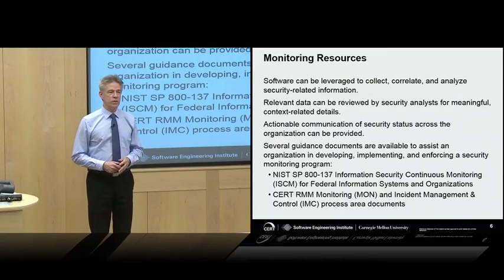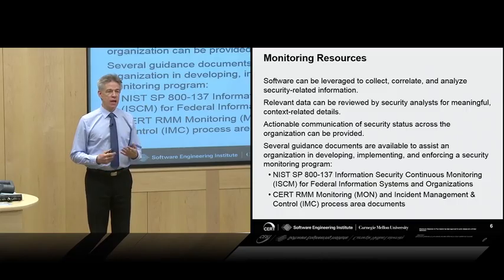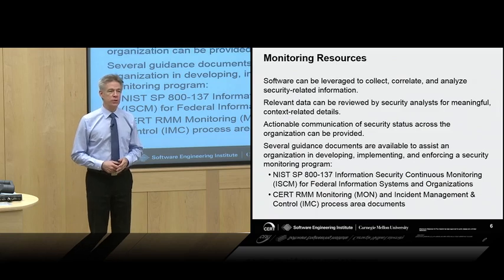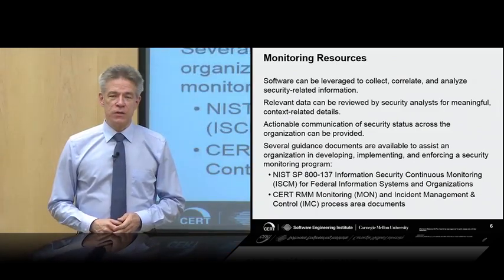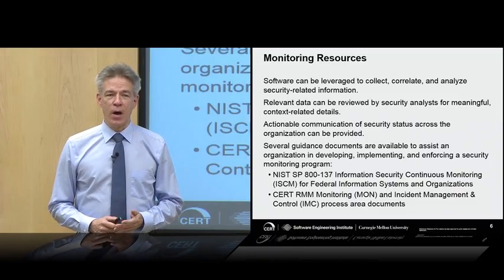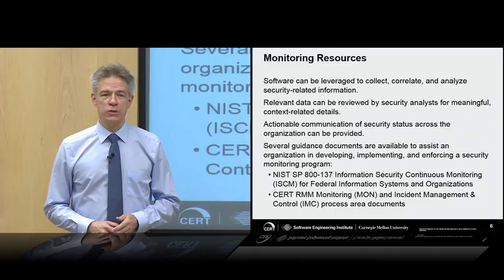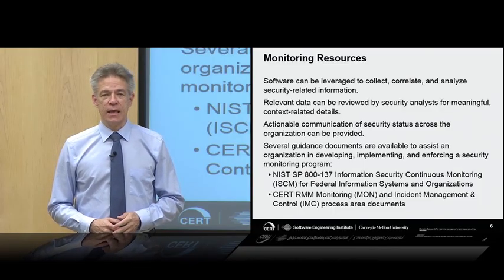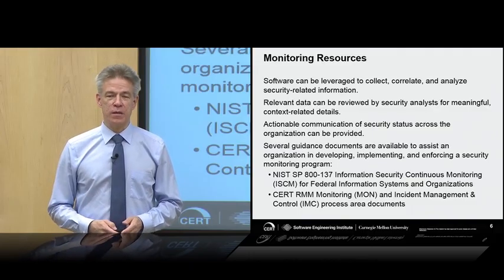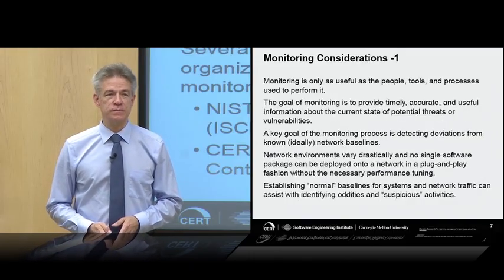Even though this is designed for federal information systems, a lot of organizations in the private sector also use this as a baseline for setting up their monitoring programs. In the CERT division, our Resilience Management Model has two different process areas, monitoring and incident management and control, which also provide some guidelines in how to set up an effective monitoring program and how this can feed in with some of the other process areas in incident management.